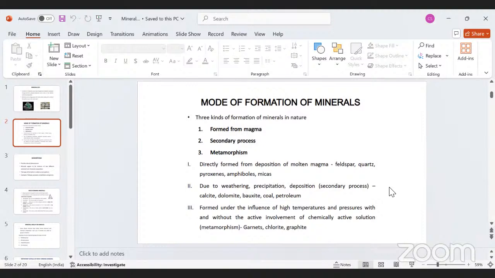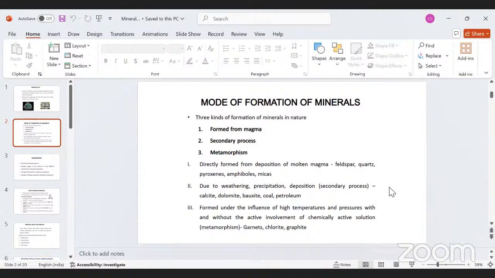It is classified based on the formation of minerals and the availability of silicates in minerals. Rock forming minerals, known as rock forming minerals, and the second one is ore forming minerals.